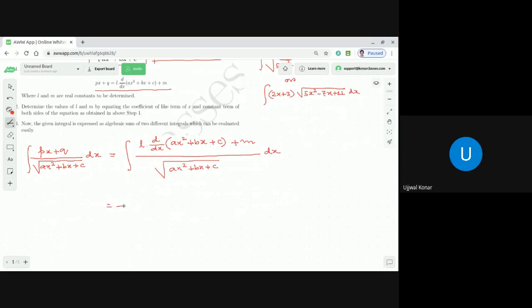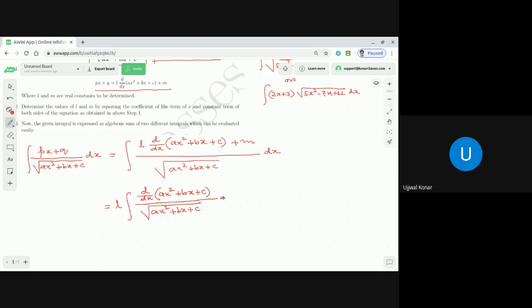So this becomes L into integration of d/dx of (ax square plus bx plus c) divided by square root of ax square plus bx plus c dx.